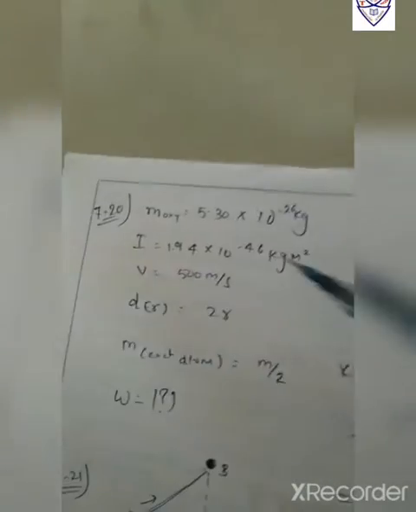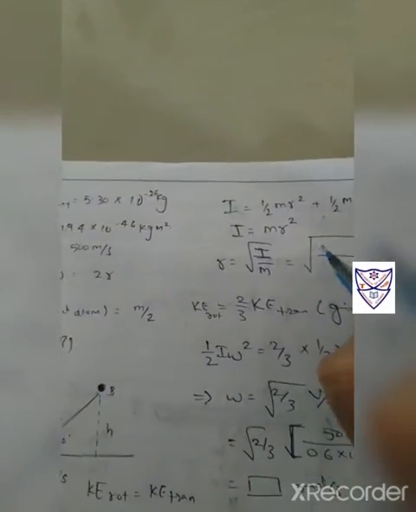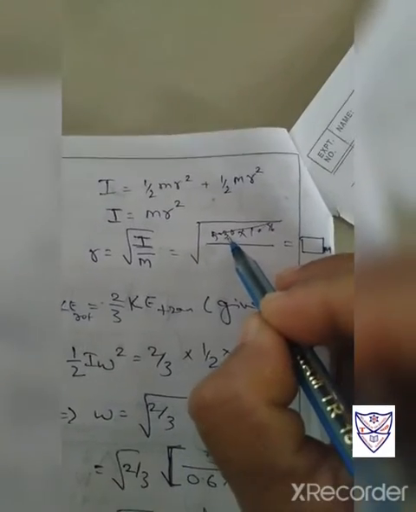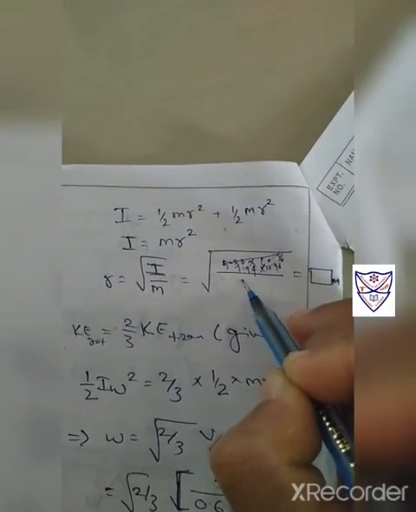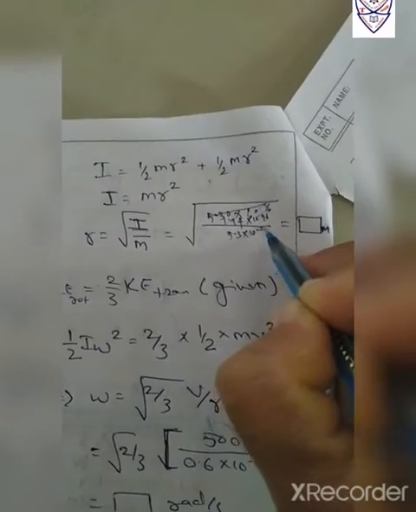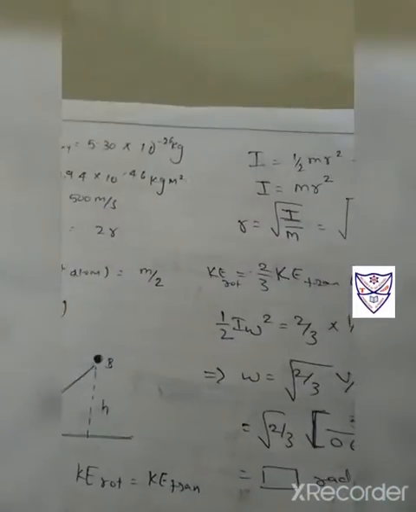Now place the value of m here, 5.3 into 10 raised to minus 26, and the I value, just place it here, that is 1.94 into 10 raised to minus 46 upon 5.3 into 10 raised to minus 26. So just solve this, you will get the value of your R.